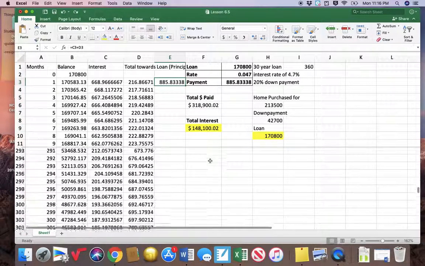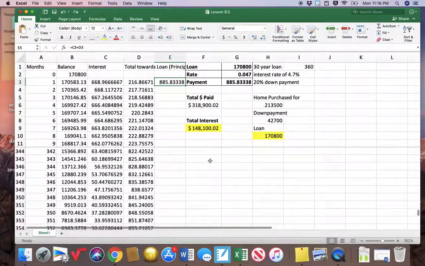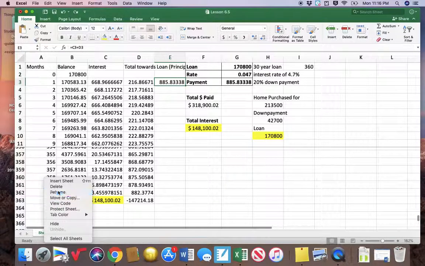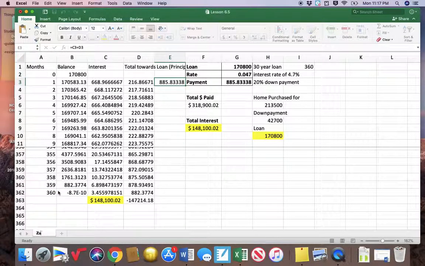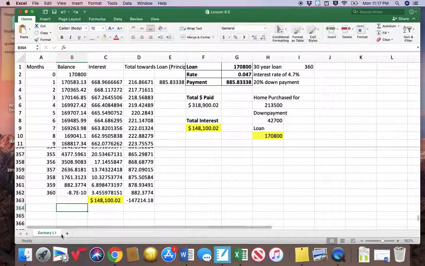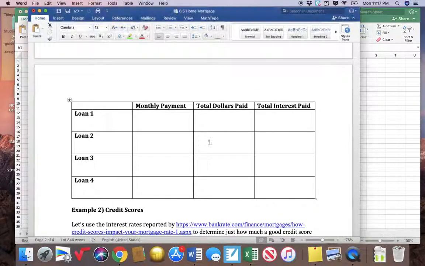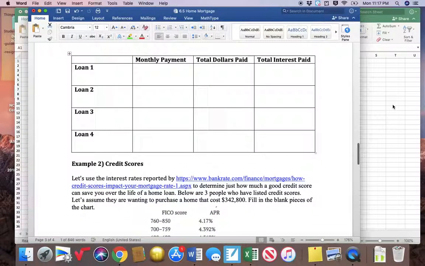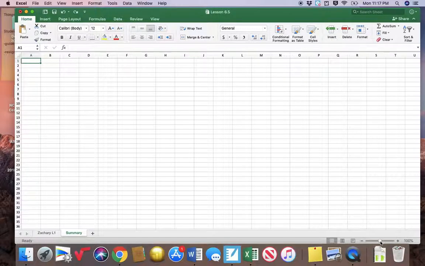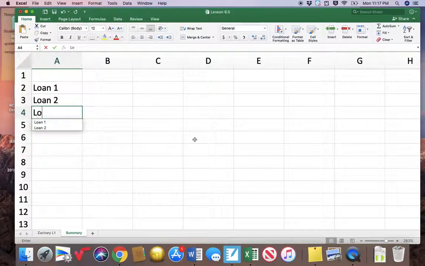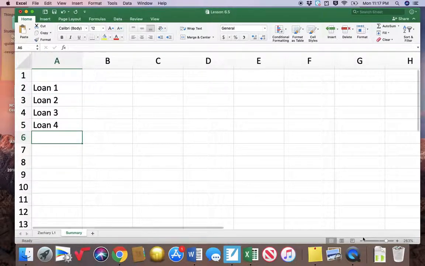All right, so this is the first loan. Let's rename this Zachary loan 1. Let's add a sheet and name it summary, and let's model it based off of this table right here. So I want to have loan 1, loan 2, loan 3, loan 4.